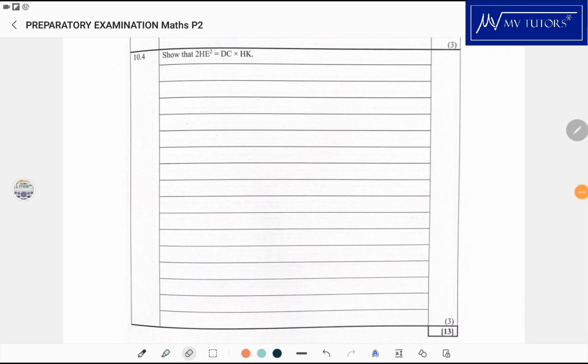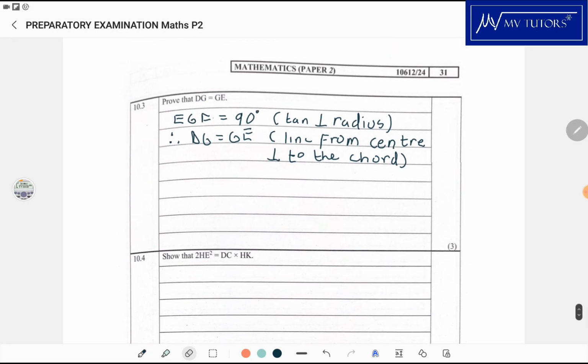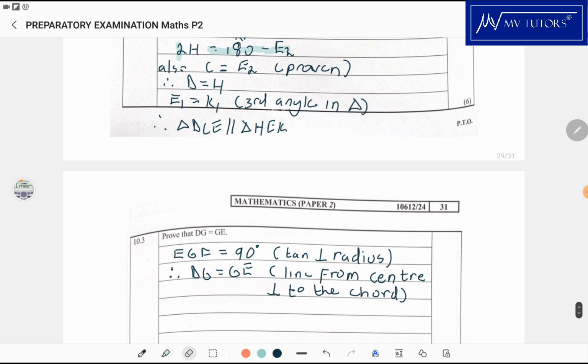Okay, let's look at this last question, and it says show that 2HE squared is equal to DC times HK. Whenever you see these questions, you must know that it's always a question of proportionality, and we're going to use the triangle probably given in this question.